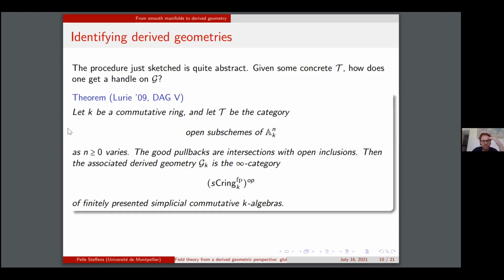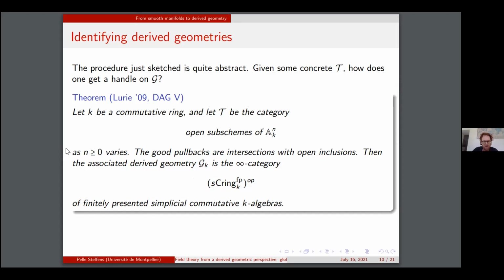And what he proves there is that if you take the algebraic geometry of open subschemes of affine K-space, then the geometry you associate is precisely a certain full subcategory of this category of simplicial commutative rings, so connective commutative K algebras. And finitely presented here means homotopically finitely presented. So these should be compact objects in connective commutative K algebras. Okay, so this is even more satisfying.